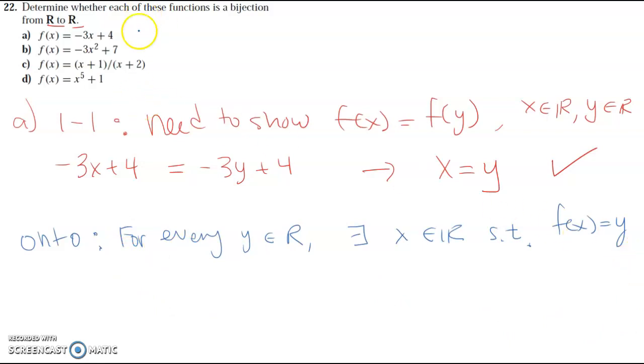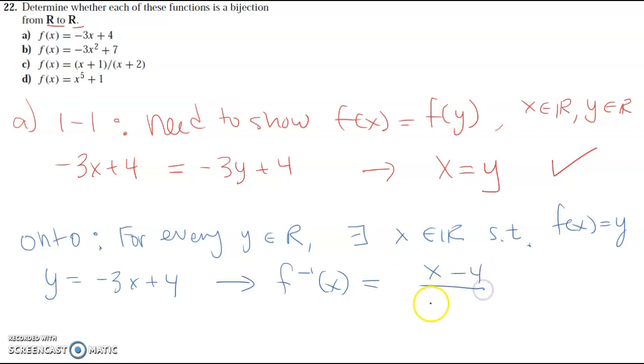Okay, so if we go back to our algebra class back in high school, we were told to find the inverse. How do we do that? We first set this as y. So y equals -3x plus 4. We'll get the inverse as x minus 4 over -3.